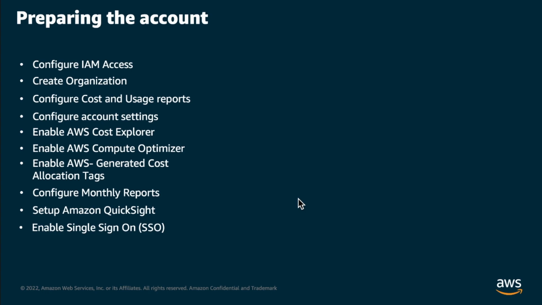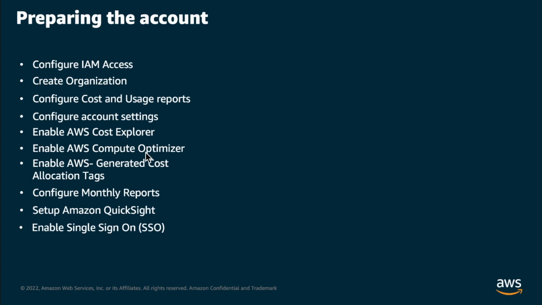Okay. Now I'm going to talk about other things you have to do to prepare the account, the so-called foundations. This is a brief list of some of the things you should be doing to help you on this path. For example, you have to have the basic IAM access and create an organization. Those are some best practices. Configure things like Compute Optimizer so you can visualize, and most of those things are not going to cost you.